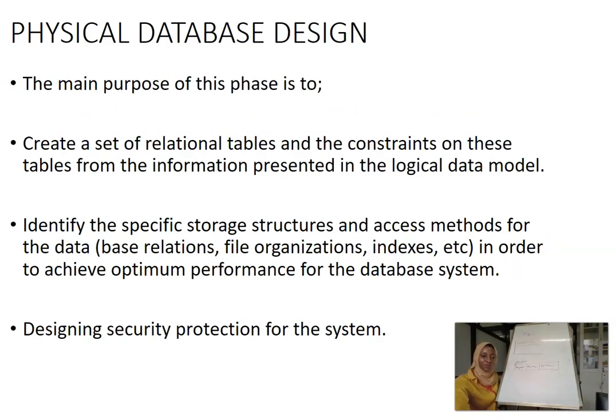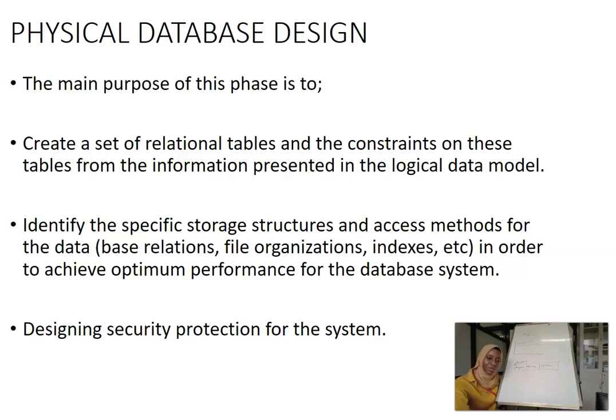So the main purpose of this phase is to create a set of relational tables and the constraints on these tables. For example, if there are any referential integrity constraints, if there are any entity integrity constraints. Then 2, identifying the specific storage structures and access methods. For example, are you going to have base relations?